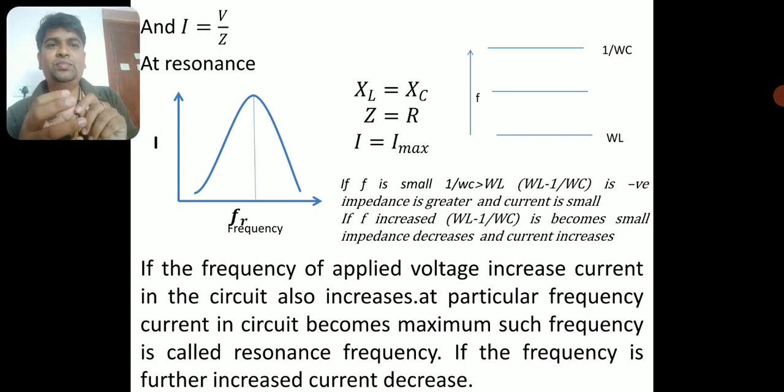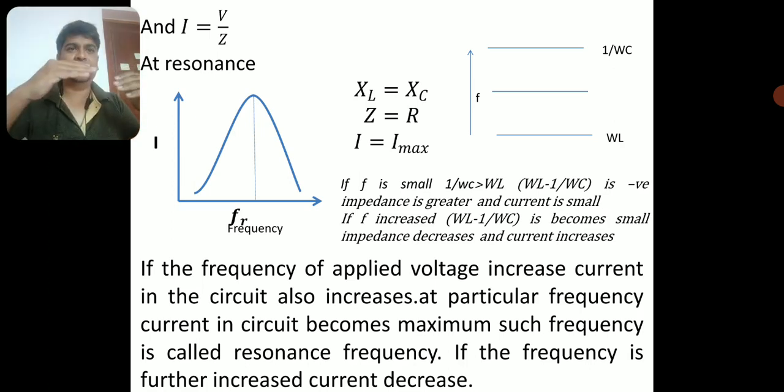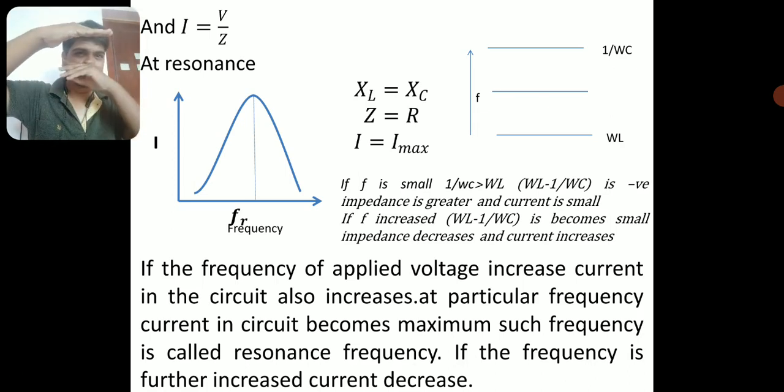Now if f is small, 1 by omega C, the capacitive reactance, is greater than omega L, the inductive reactance. So the difference omega L minus 1 by omega C is negative.